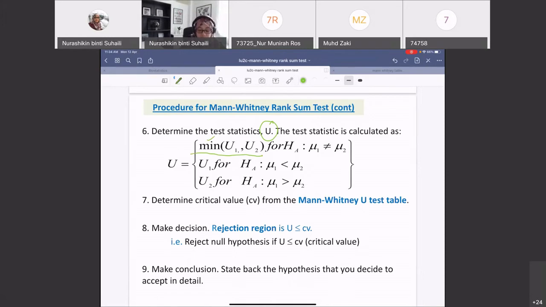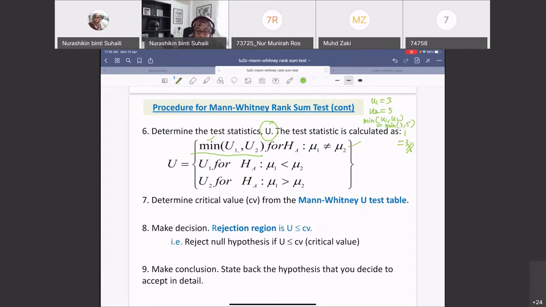Min(U1, U2) means that if, let's say, U1 is 3 and U2 is 5, you choose the minimum or lowest value, which is 3. So that's how you determine U for a two-sided test.